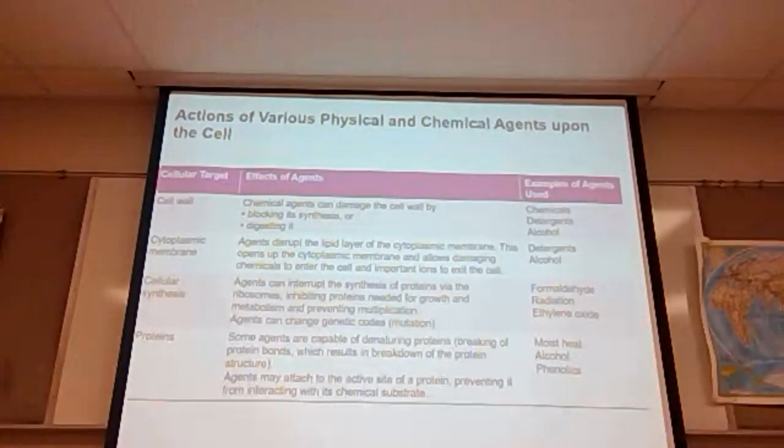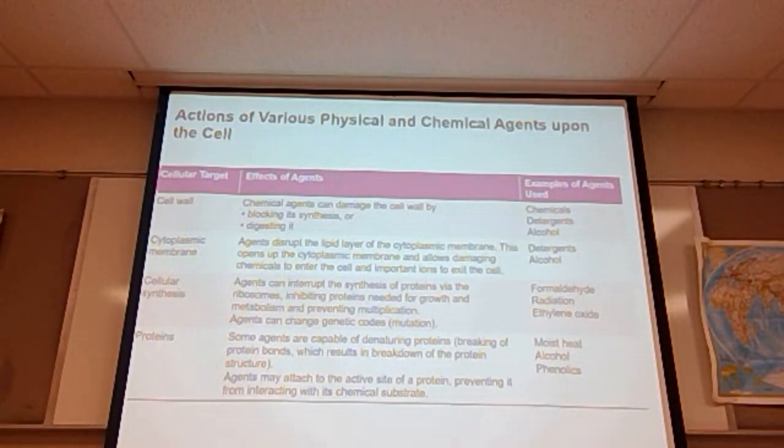But formaldehyde, the reason it doesn't rot and spoil in the formaldehyde solutions, is because it disrupts cellular synthesis. Just prevents new cells from being made.